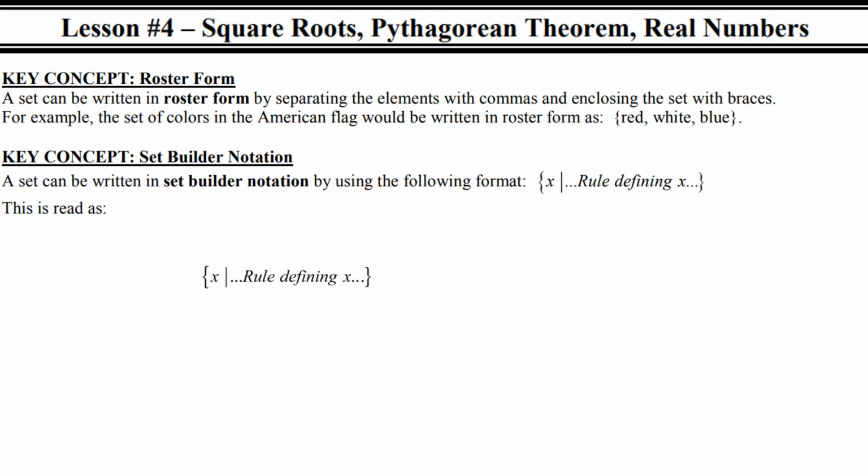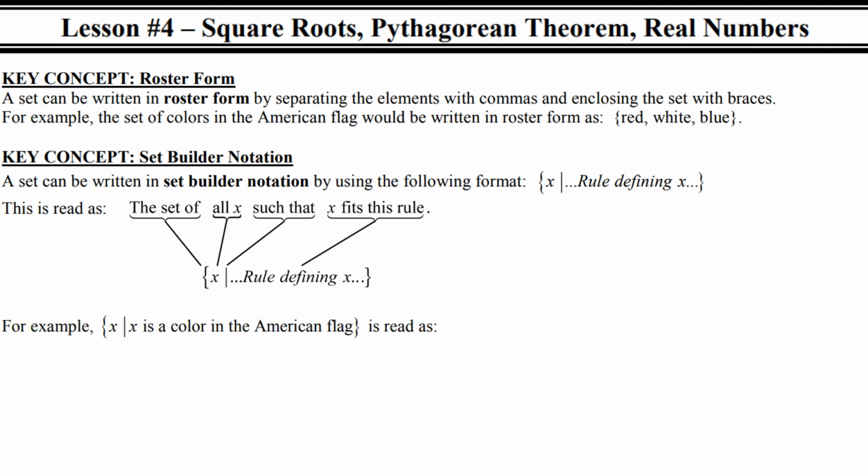So we can read this as the set of all x such that x fits this rule. For example, this set can be read as the set of all x such that x is a color in the American flag.